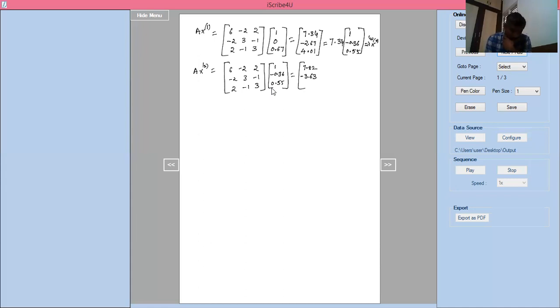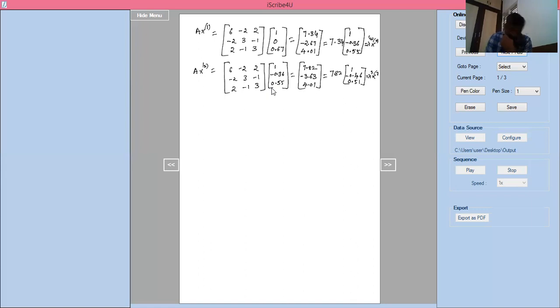4.01. If I take 7.82 common, you will get 1, minus 0.46, 0.51. This one I will write as lambda 3 into x3.